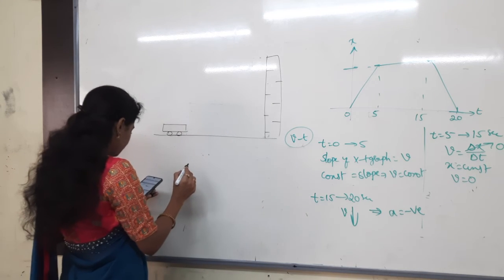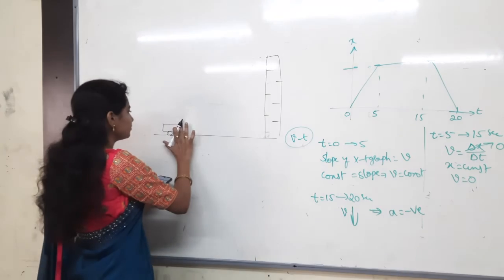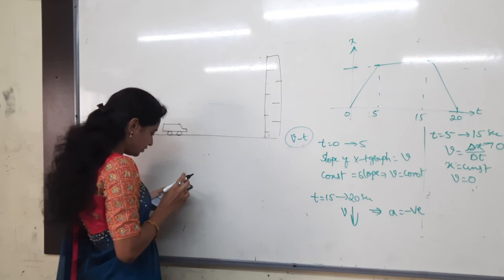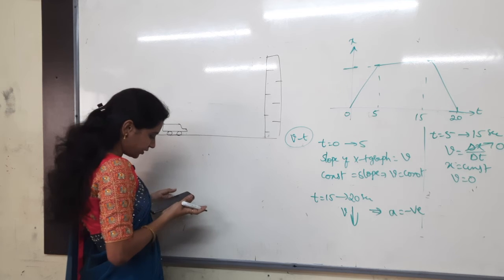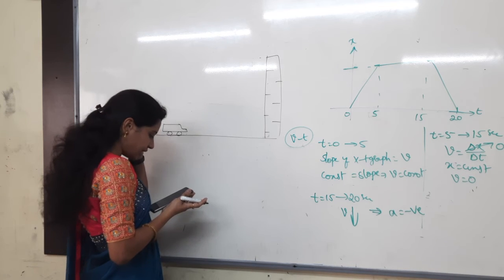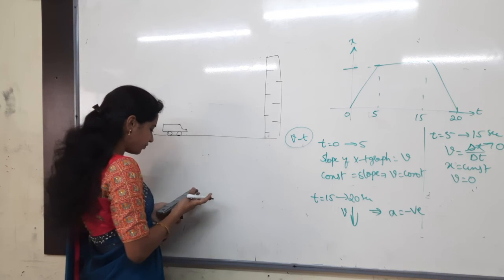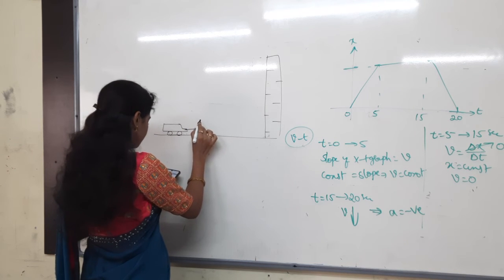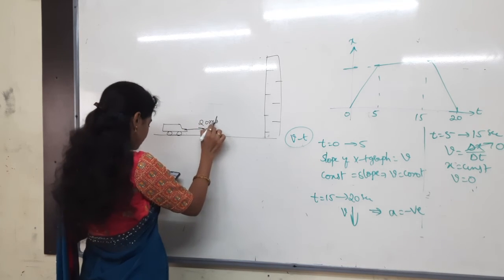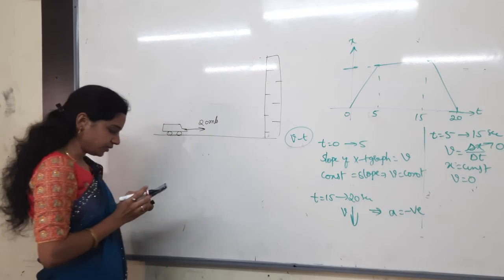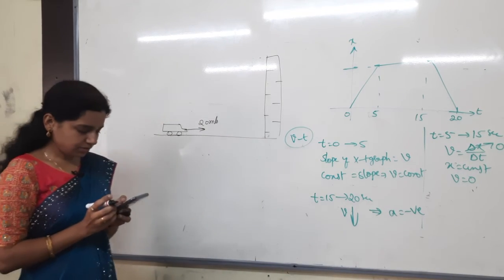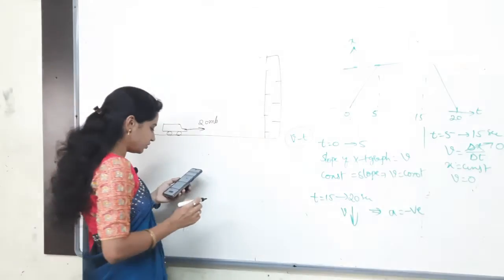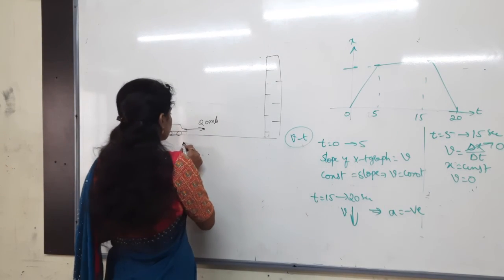In the next line you write, find the distance of the car from the wall at t equals 3 seconds.